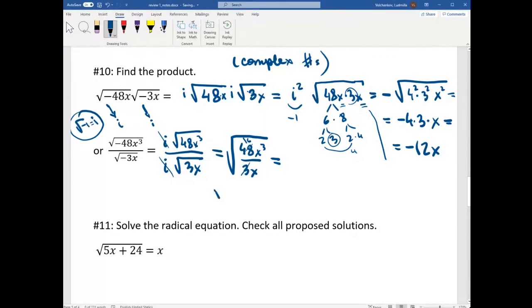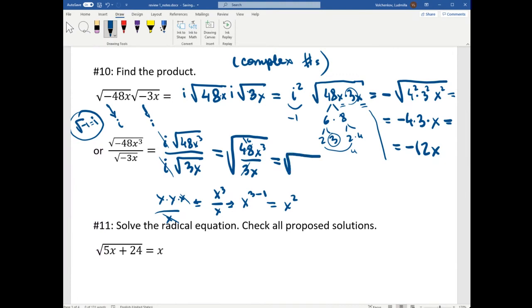x cubed divided by x. You can write it as x to the power 3 minus 1, x squared, or you can write it as x times x times x divided by x and cancel one x, but still x squared.